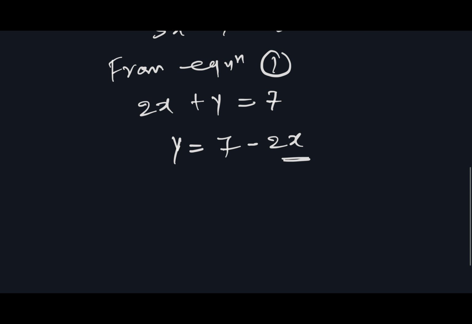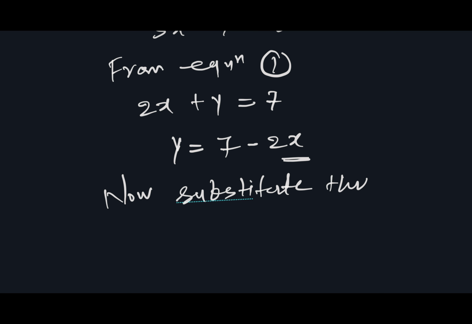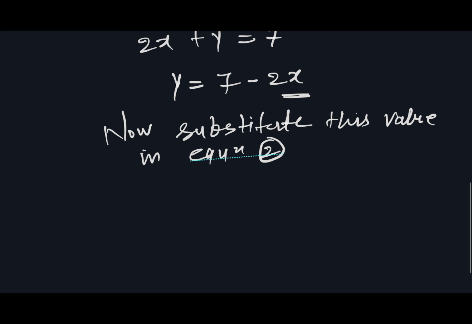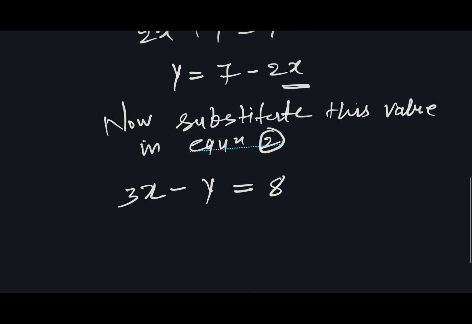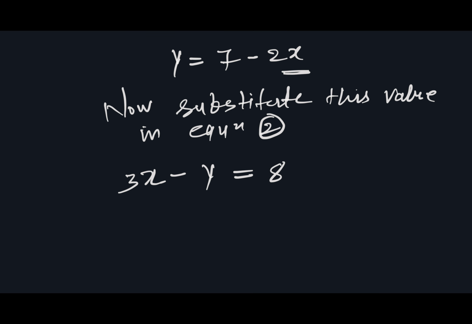Now substitute this value in equation 2. What is equation 2? It's 3x minus y is equal to 8. Now we have the value of y in terms of x, so just put this value here.